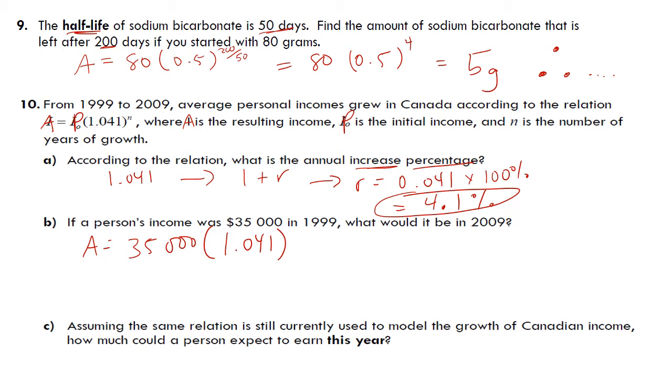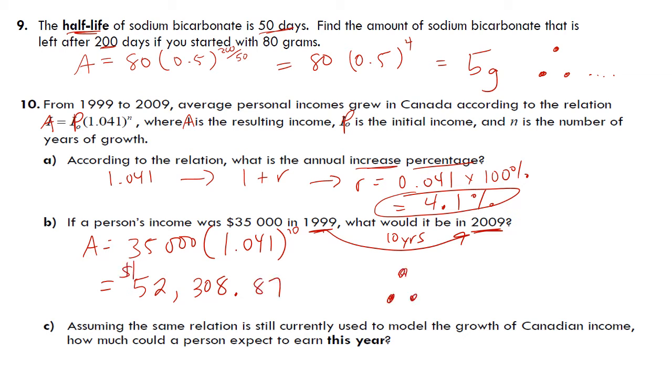So I just gave away the answer to what the exponent should be. If it's 1999 to 2009, how many years is that? That's 10. That becomes our exponent. So that's 10 years. That's just calculator work. For money, even if I don't tell you how many decimal places to go to, you should go to 2 decimal places. You should hopefully get $52,308.87.